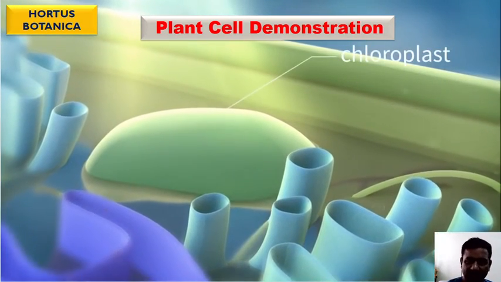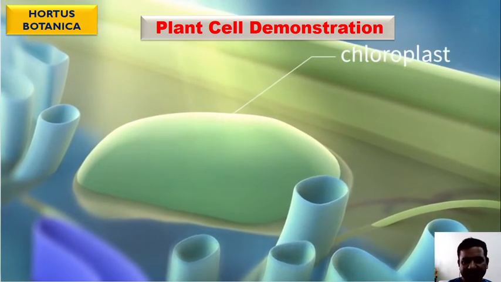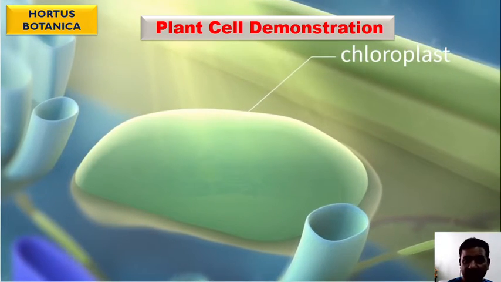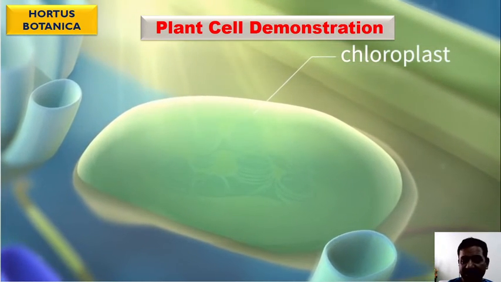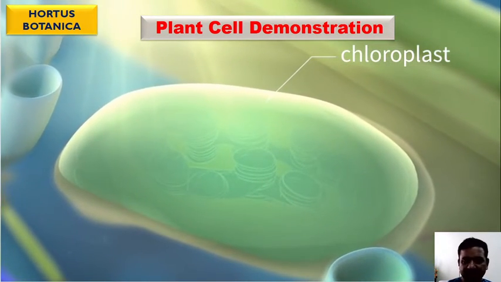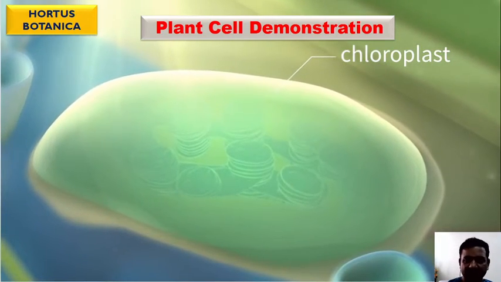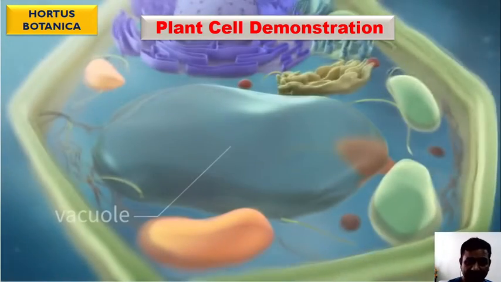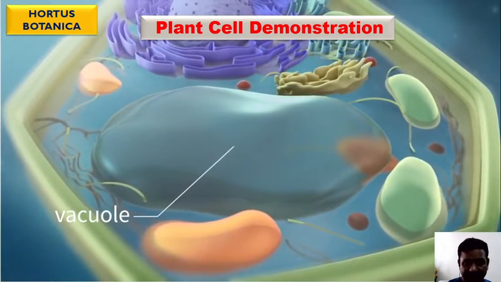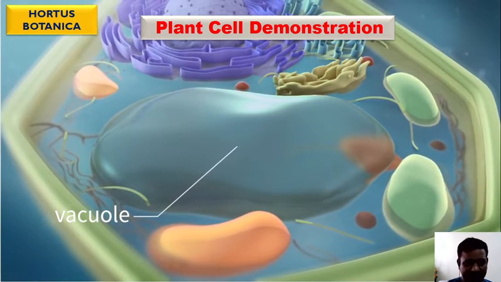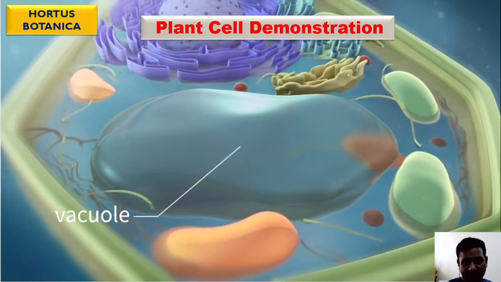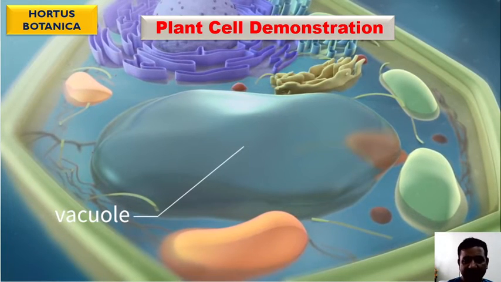Yes, this is the chloroplast, the kitchen of the cell that performs photosynthesis. They have grana, which trap sunlight and perform the light reaction, after that the dark reaction, and we get glucose.